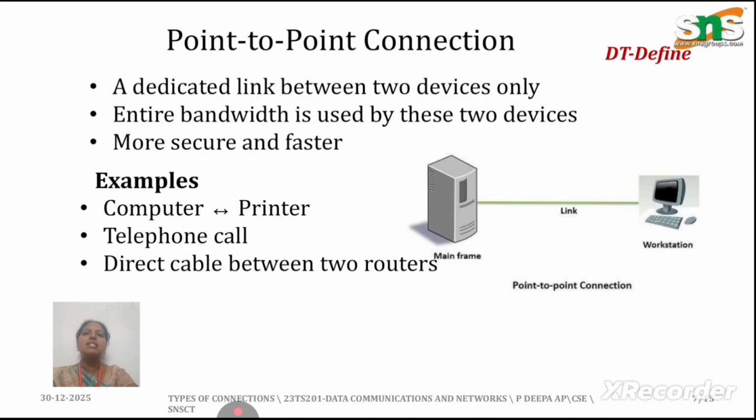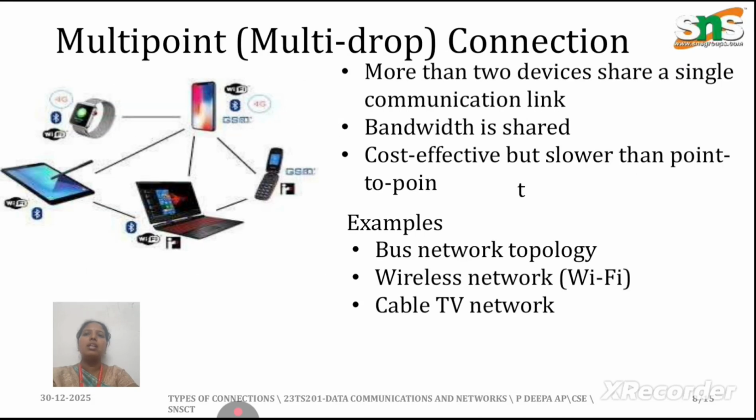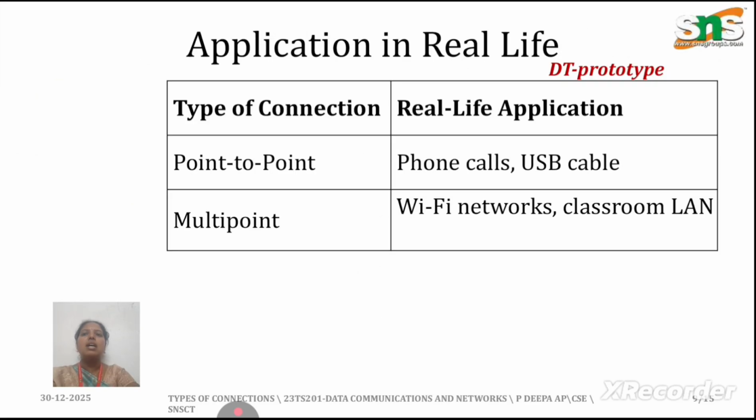An example is a wireless network where many devices connect to each other or to one router. Multi-point connections reduce the cost and make efficient use of resources. However, since the channel is shared, the data transfer speed may reduce when many devices communicate at the same time.